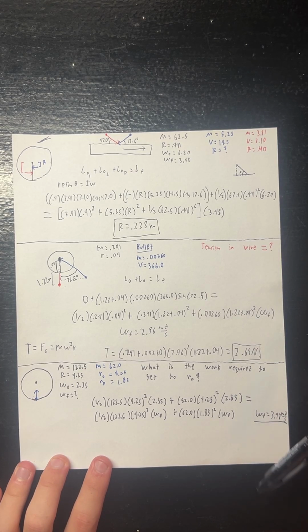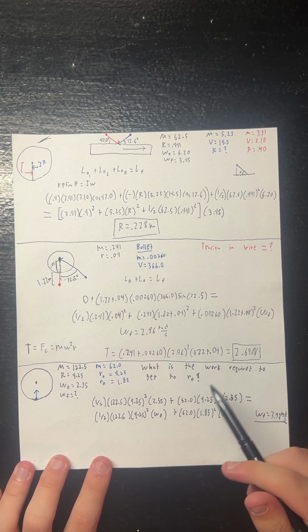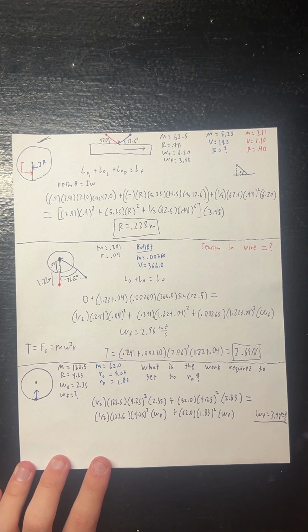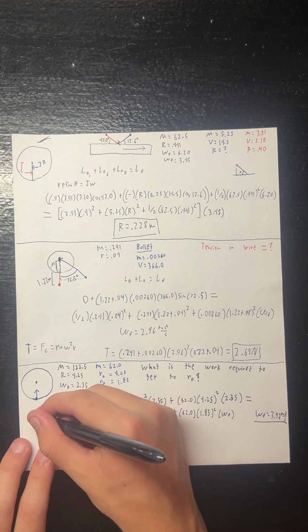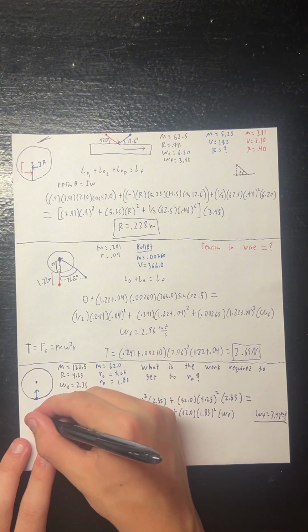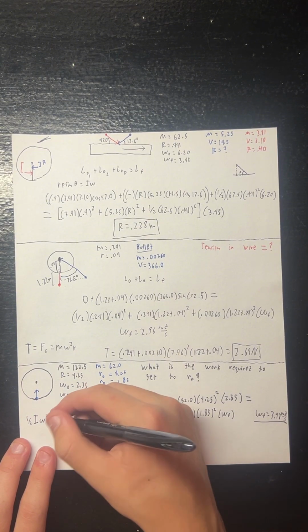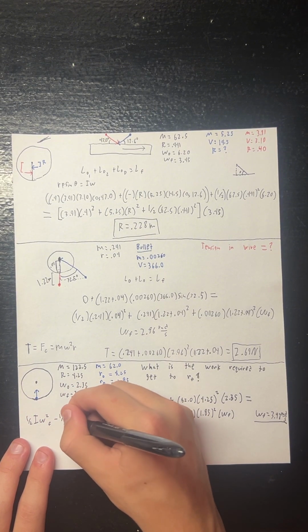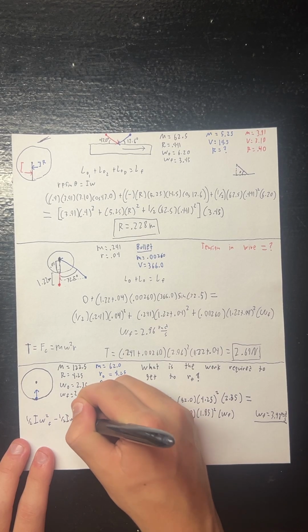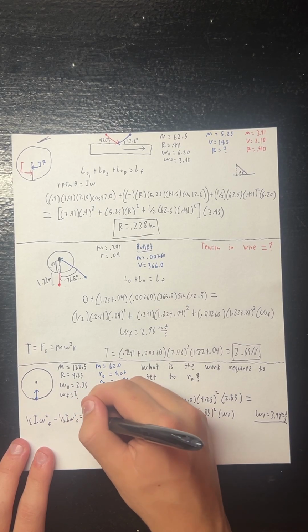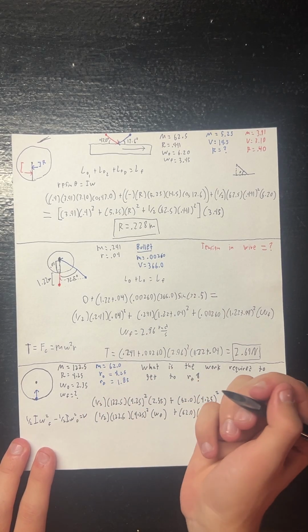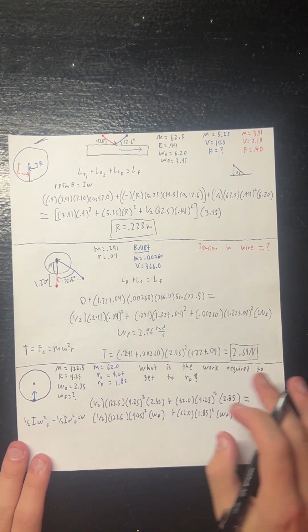Now, using that W final, we can pretty much do the kinetic energy difference to find the work required. So we can do the kinetic energy final minus kinetic energy initial. So we can use the equation 1/2 I W squared final minus 1/2 I W squared initial, and that equals our work required. So what is our final? Let's set it up.